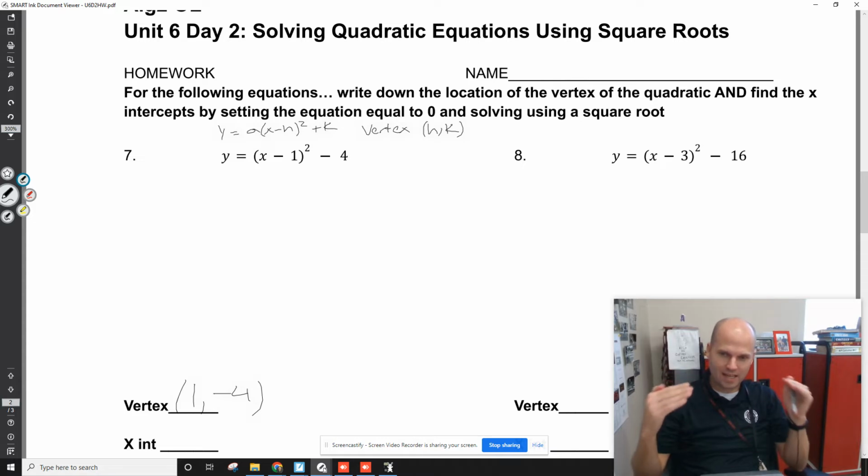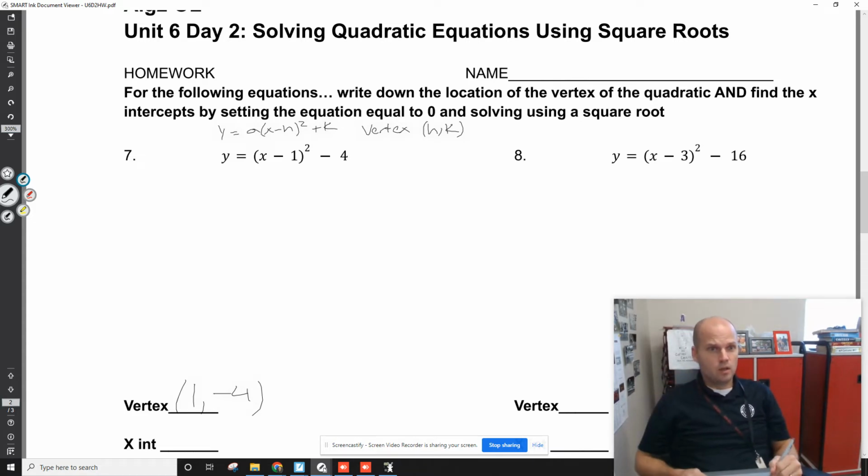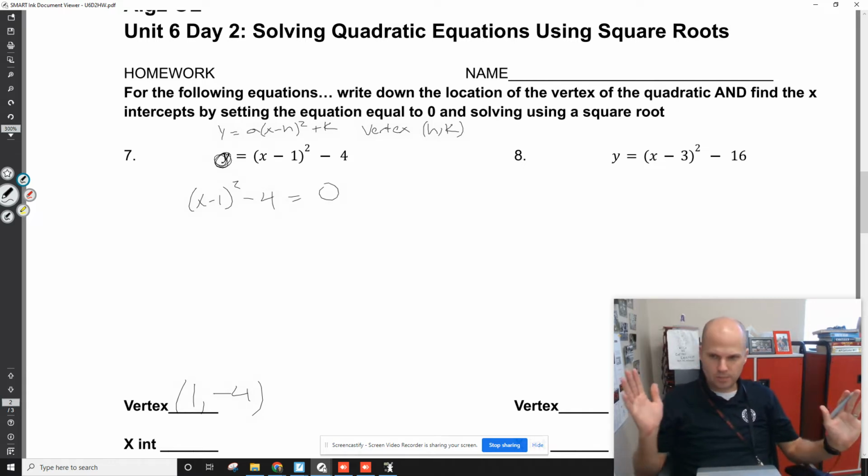But what we didn't ask you to do with vertex form is find the solutions. Okay, we want to take this equation and set it equal to 0. Now it's up to you whether you want to just change y and put that y equals 0. This is like when we were graphing to solve. Or if you're more comfortable with this equation equal to 0 on the right side. It's up to you.